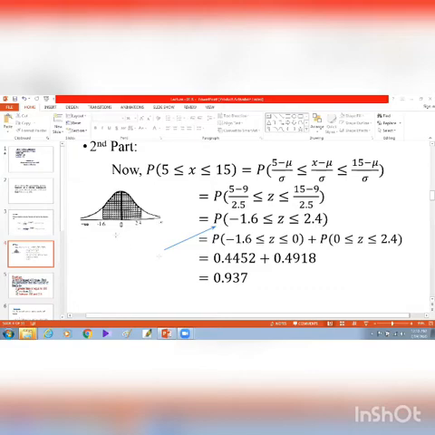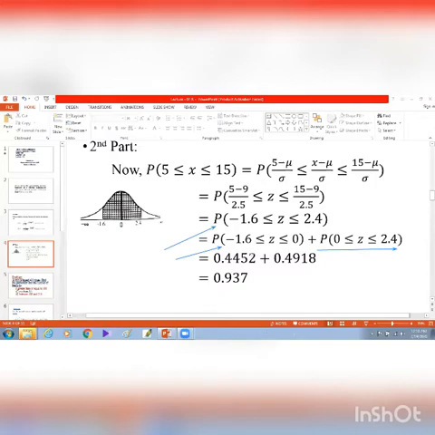Now from normal distribution table or from normal curve, if we represent this here from the curve, we can write this is probability of minus 1.2 less or equal z less or equal 0 plus probability of 0 less or equal z less or equal 2.4.